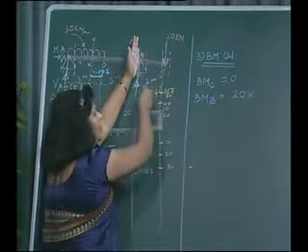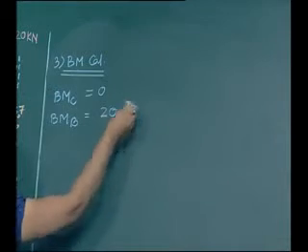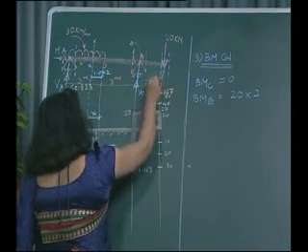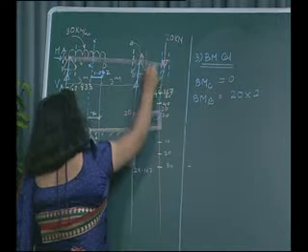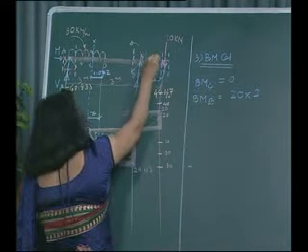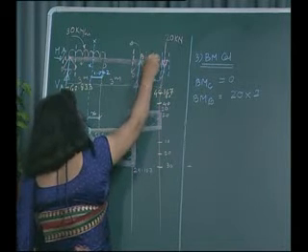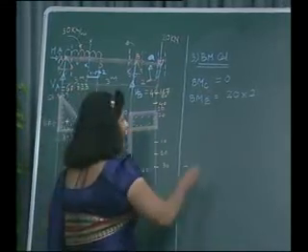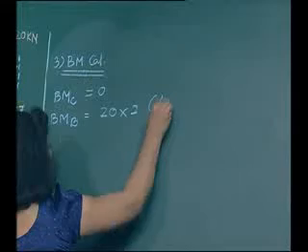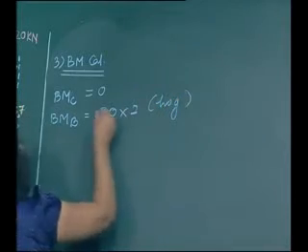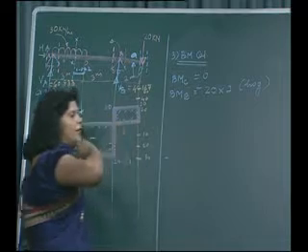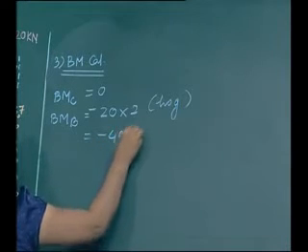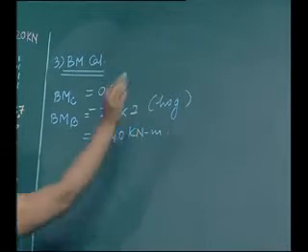So 20 into 2, and in this particular case the force is producing moment such that it is trying to lift the beam in the upward direction. So that is called hogging. And if you remember, from the last lecture, for hogging we take bending moment as negative. So we get the answer as minus 40 kilonewton meters.